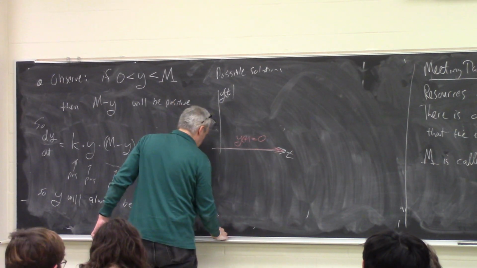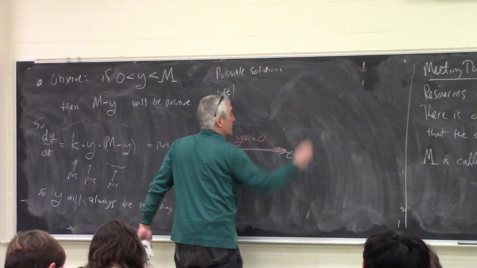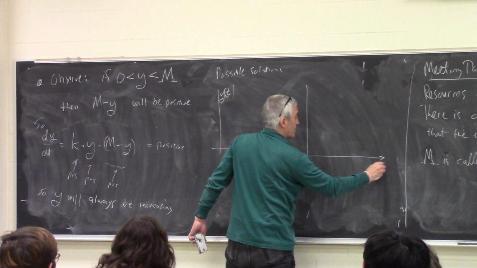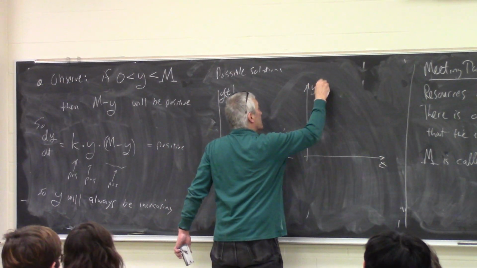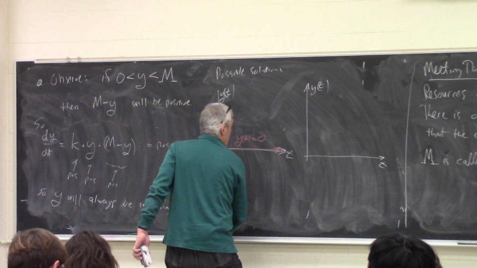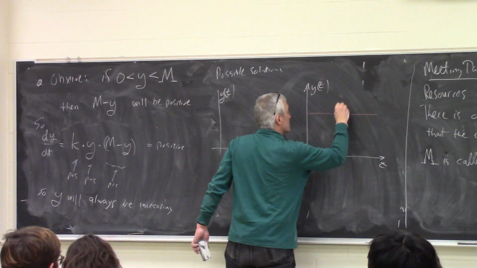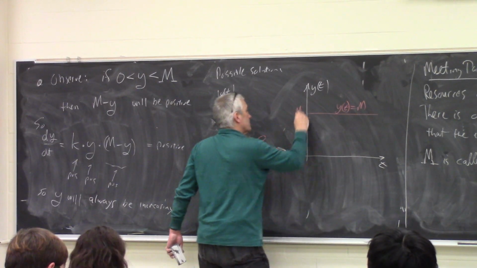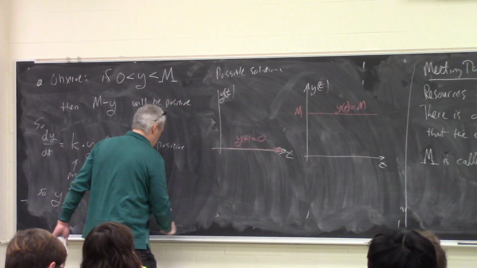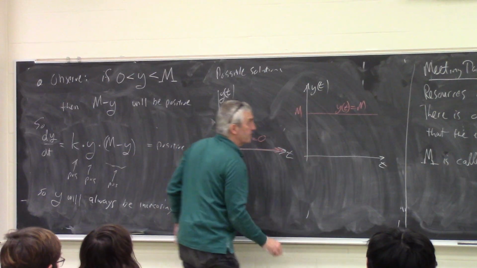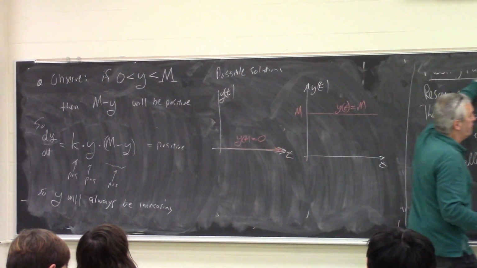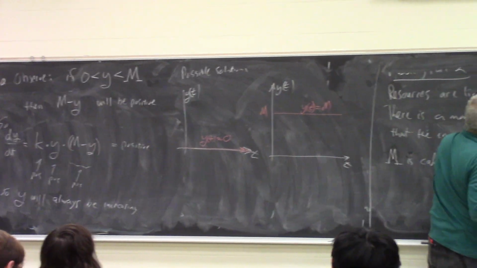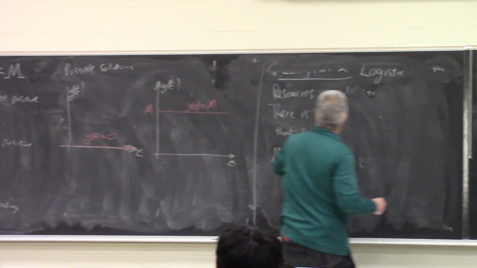This is Mary's kitchen. And the other scenario is, well, I start with some initial population that's positive, but is not as big as the carrying capacity.